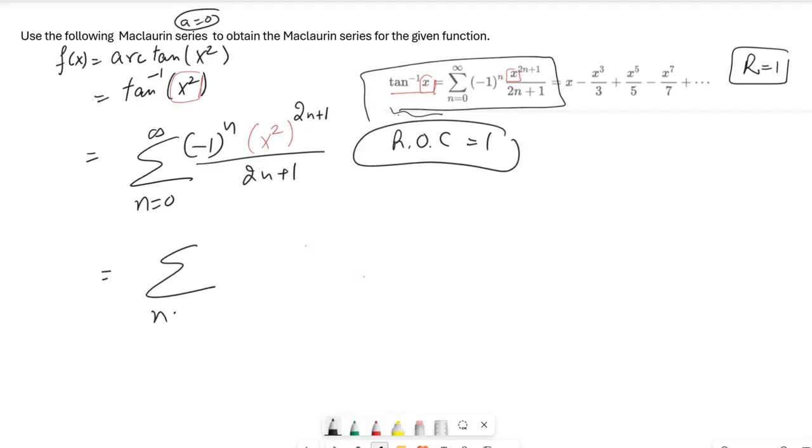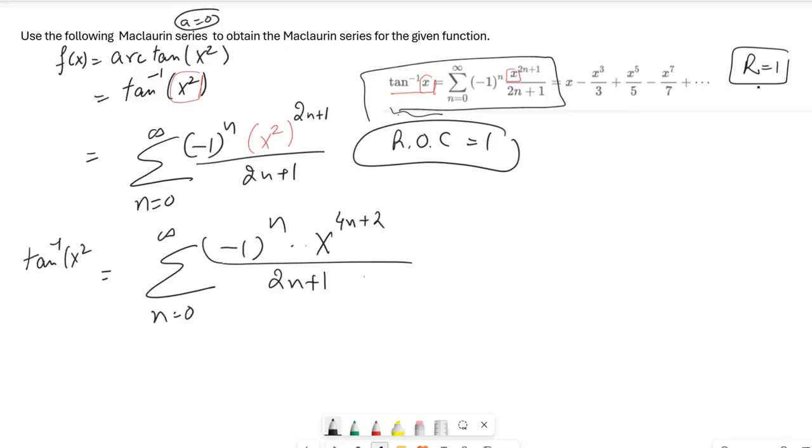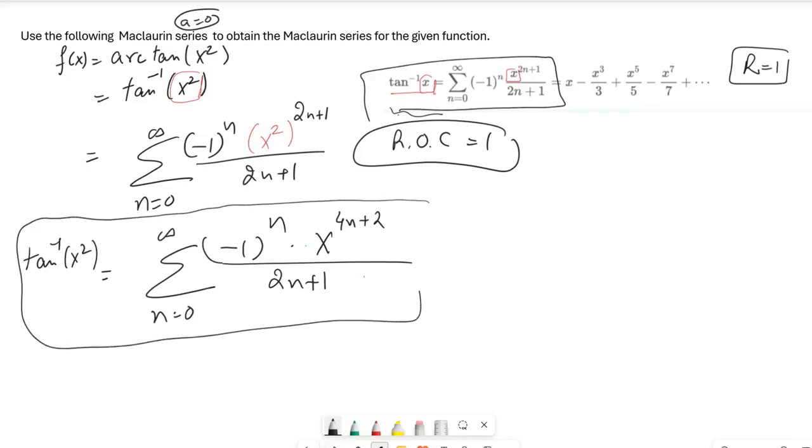Powers of powers multiply, so 2 times 2n plus 1 will be 4n plus 2, divided by 2n plus 1. So tangent inverse of x square can be written as this series. We didn't work through from scratch. We already had a basic series for tangent inverse x, and we used that to write tangent inverse of x square.